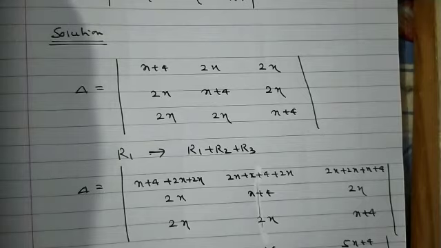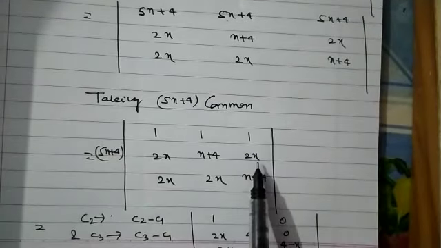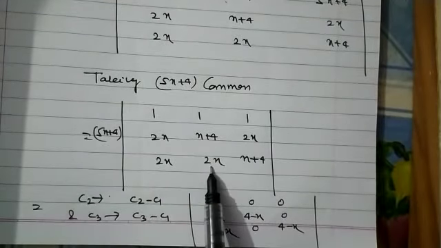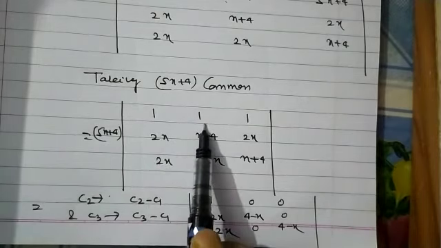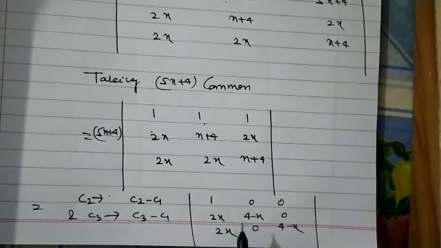By taking common 5x plus 4, we have 1, 1, 1; 2x, x plus 4, 2x; 2x, 2x, x plus 4. Subtracting C1 from C2 and C1 from C3, we have 1, 0, 0; 2x, 4 minus x, 0; 2x, 0, 4 minus x.